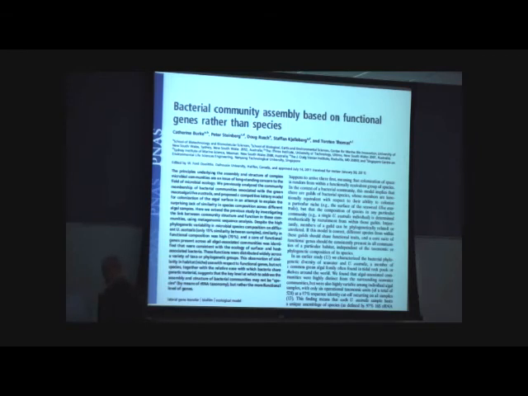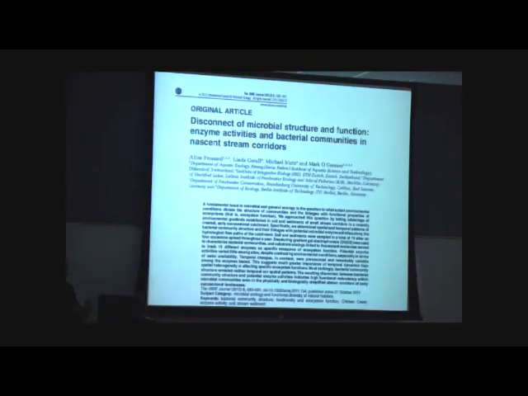And we're not the only people to start thinking about this big disconnect between structure and function, between phylogeny and function, in a variety of very different microbial communities. For me, having been raised as a eukaryotic ecologist, the notion that the species concept is not particularly relevant to one of the fundamental features of ecology, community structure and assembly, is a significant thing.